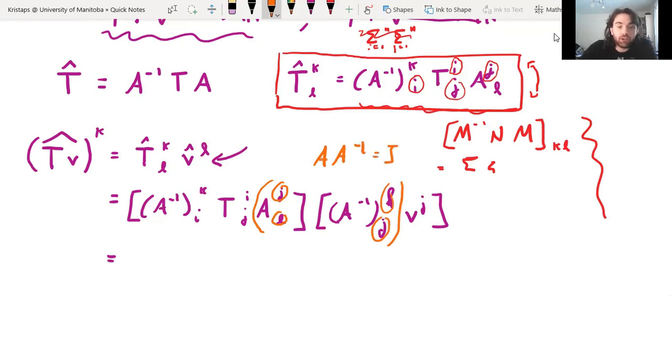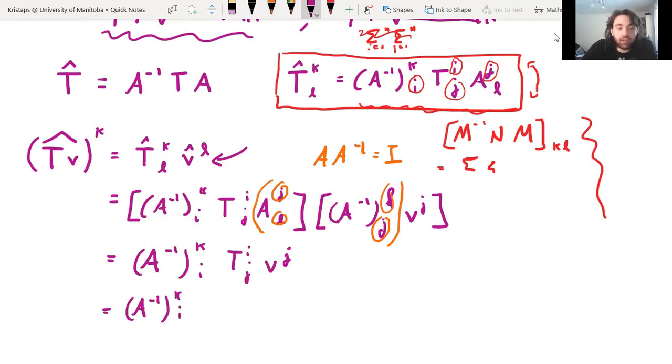By definition, this is the identity matrix, so that simplifies our expression. What we're left with is A inverse K I, T I J, V J.